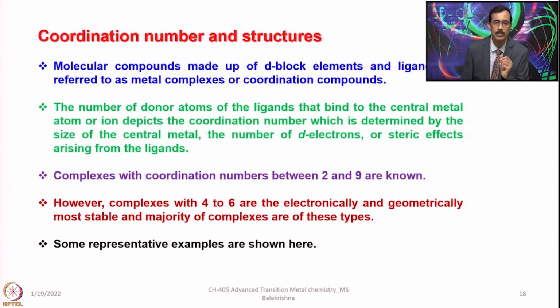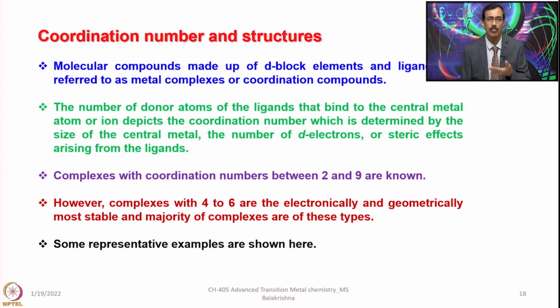However, complexes with 4 to 6 are the electronically and geometrically most stable. Majority of the complexes would like to have either coordination number 4 or 6, depending upon the oxidation state, the type of ligands and the type of metal we are considering.